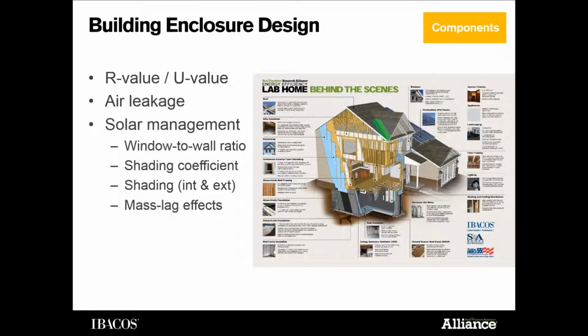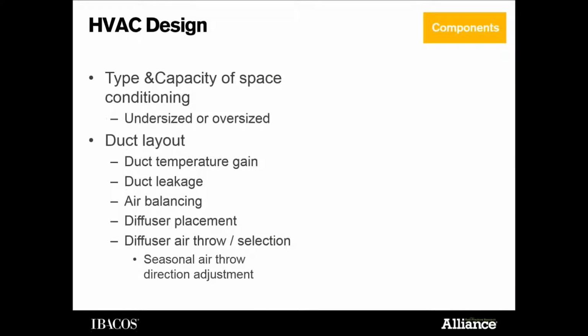And then we have these mass lag effects that we've been seeing, especially with low load homes. And then lastly, from the architectural design, in my 15 years here at IBACOS walking building sites, I have never seen an exterior shading device on a home. I think that's going to be more important as we move forward with understanding low load homes and how they perform in regards to comfort.